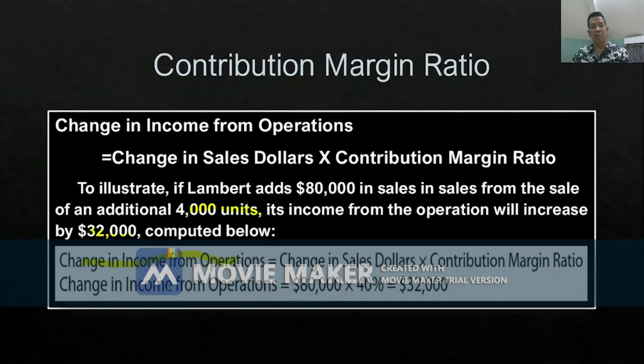So change in income from operation is $80,000 times the contribution margin ratio, equals $32,000, if Lambert adds $80,000 in sales from the sale of an additional 4,000 units.